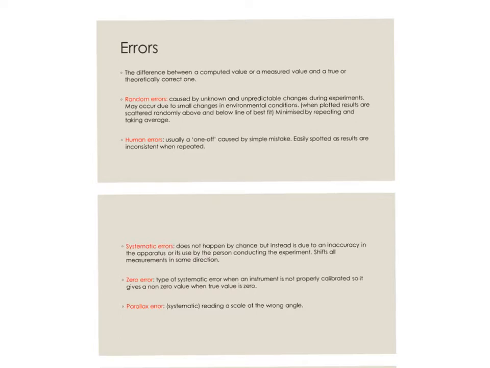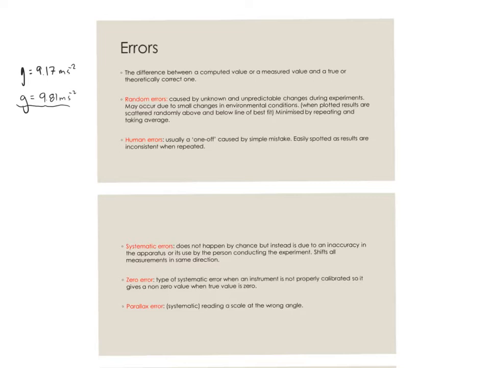So let's say you've done an experiment and you found the gravitational field strength to be, for example, 9.17 meters per second squared. Obviously, it carries an error, so there was an error in acquiring this measurement when we know that naturally this value should be 9.81 meters per second squared. Obviously, this value varies in different regions around the Earth, but roughly it should be around that value.